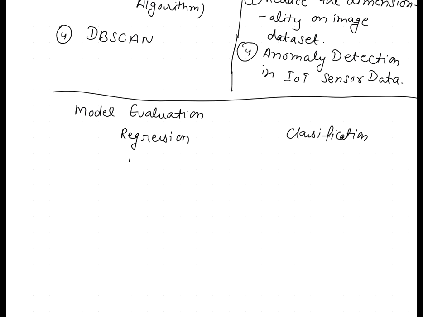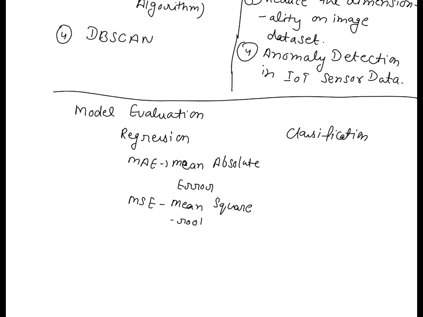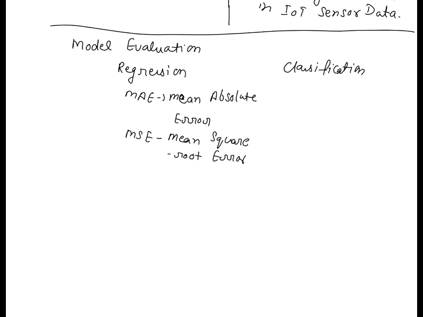For this, MAE, this is mean absolute error. I did not make a detailed video on this, but definitely I will make one. Mean absolute error, MSE, mean square error.